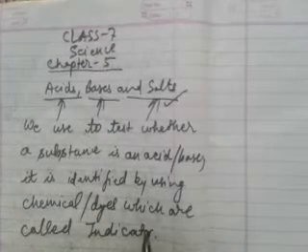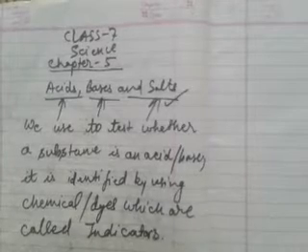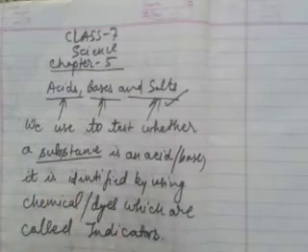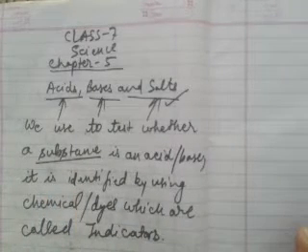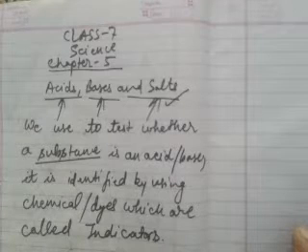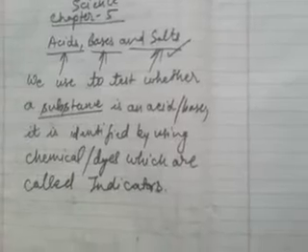Why are they called indicators? Because they indicate whether the given substance is an acid or a base. That's why they are called indicators. And these are the chemicals.